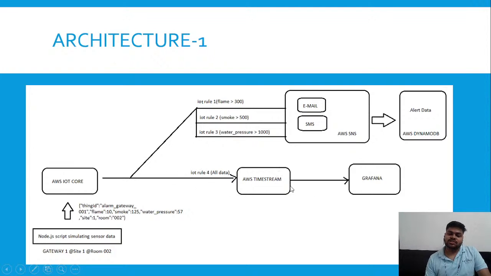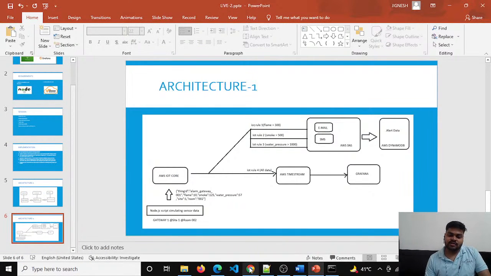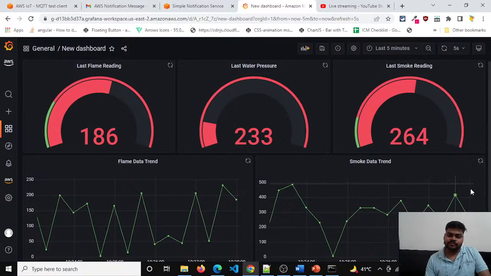After AWS Timestream, the data is stored in a database table, in columns. For Grafana, we are using AWS Timestream as the data source, and for creating the charts we are using certain queries in Grafana. I will show you what kind of queries I have written for showing the data in this manner.